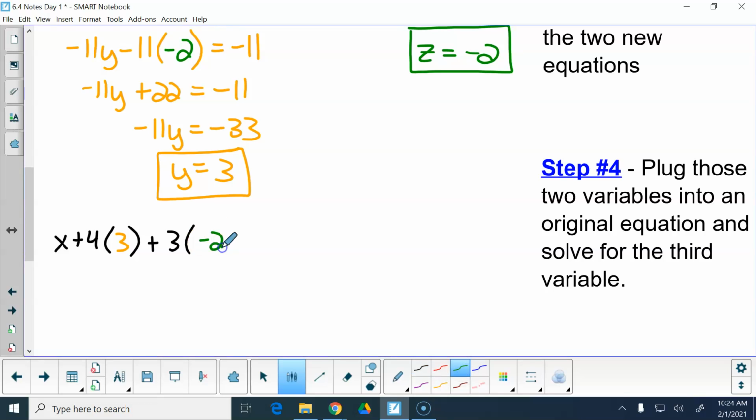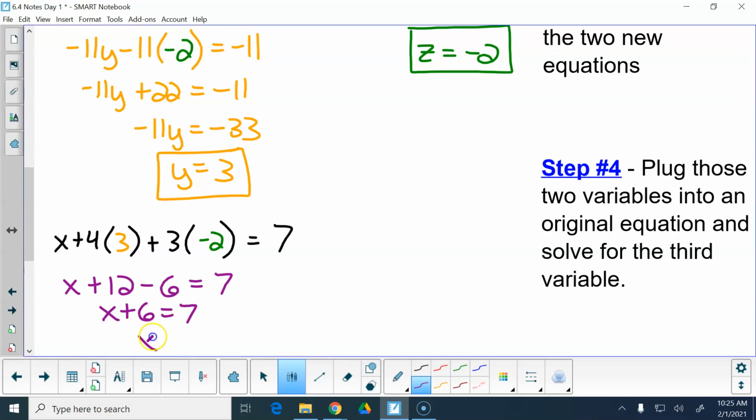Z is negative 2. And that's got to be 7. So x plus 12 minus 6 is equal to 7. So that's x plus 6 equals 7. So I get x is 1.